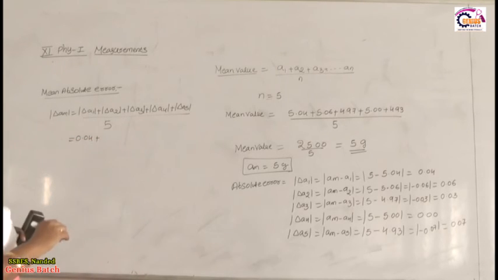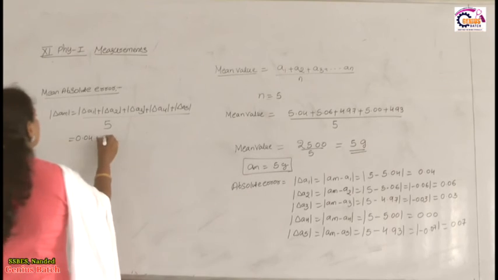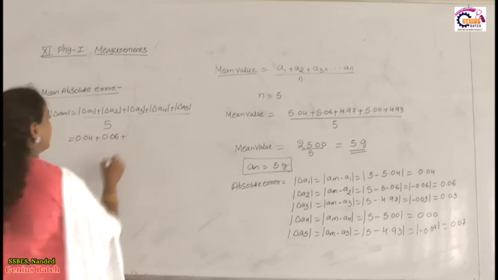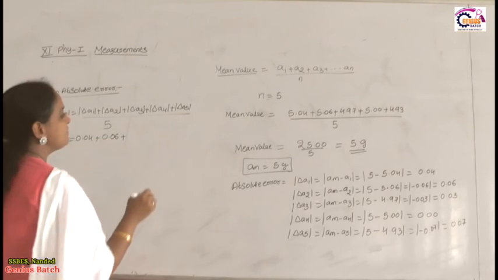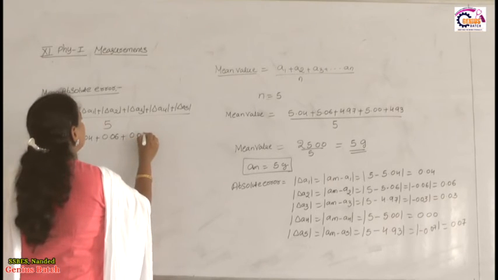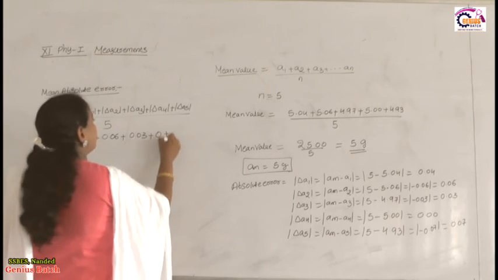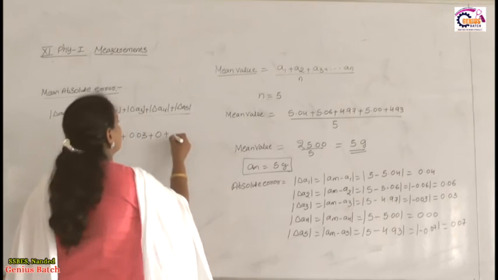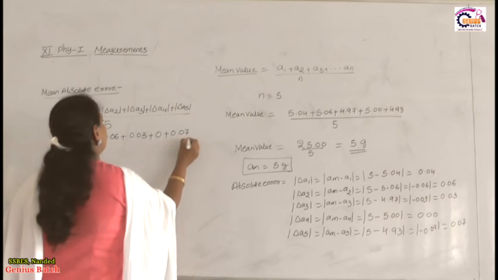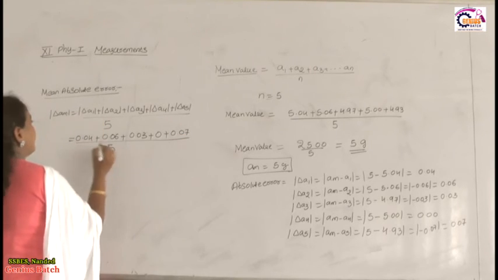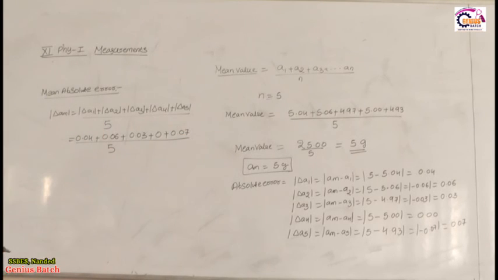Delta A2 value is 0.06. Delta A3 value is 0.03. Delta A4 value is 0. And delta A5 value is 0.07. Divided by 5.